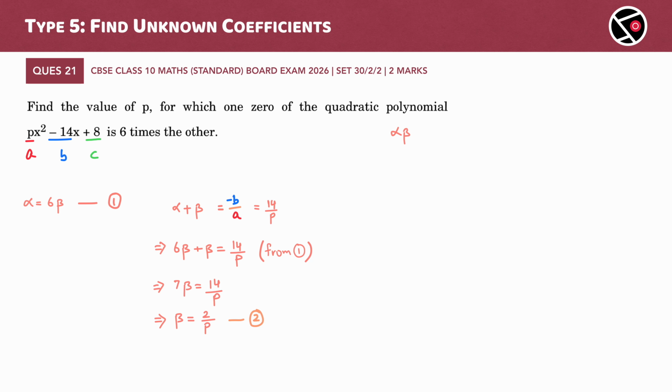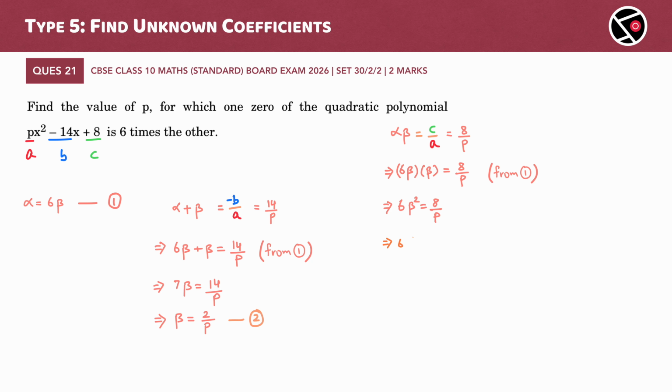Alpha times beta is c over a, or 8 over p. Alpha is 6 times beta. So 6 beta times beta equals 8 over p, or 6 beta square equals 8 over p. Now beta equals 2 over p.